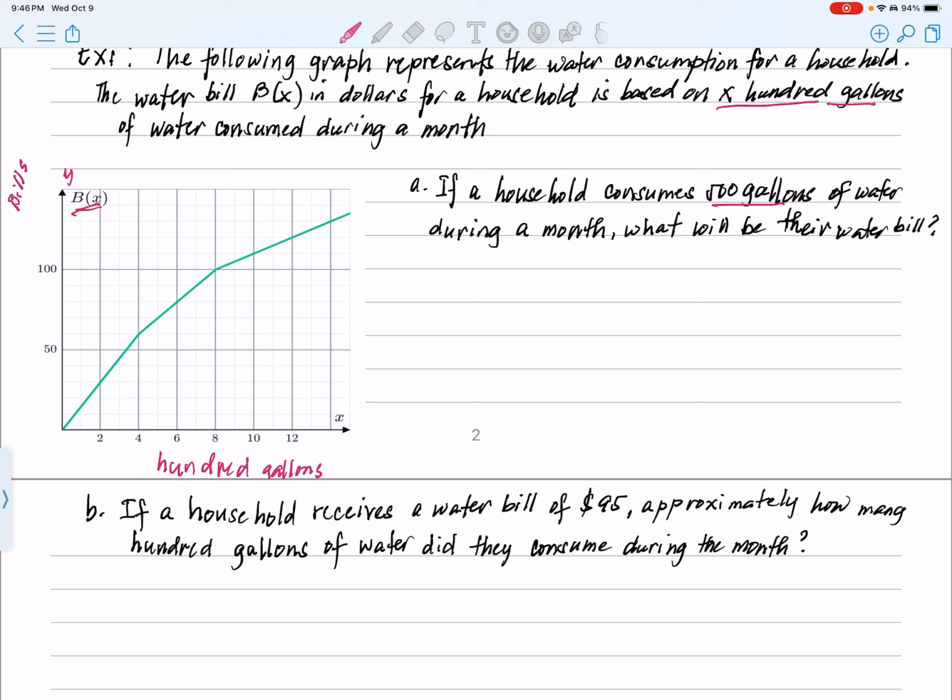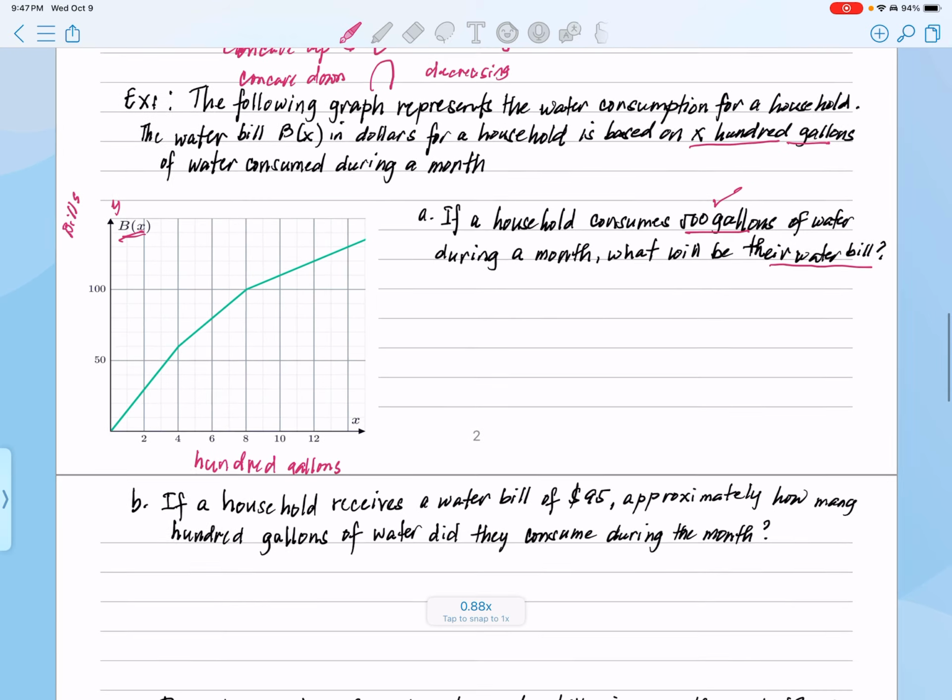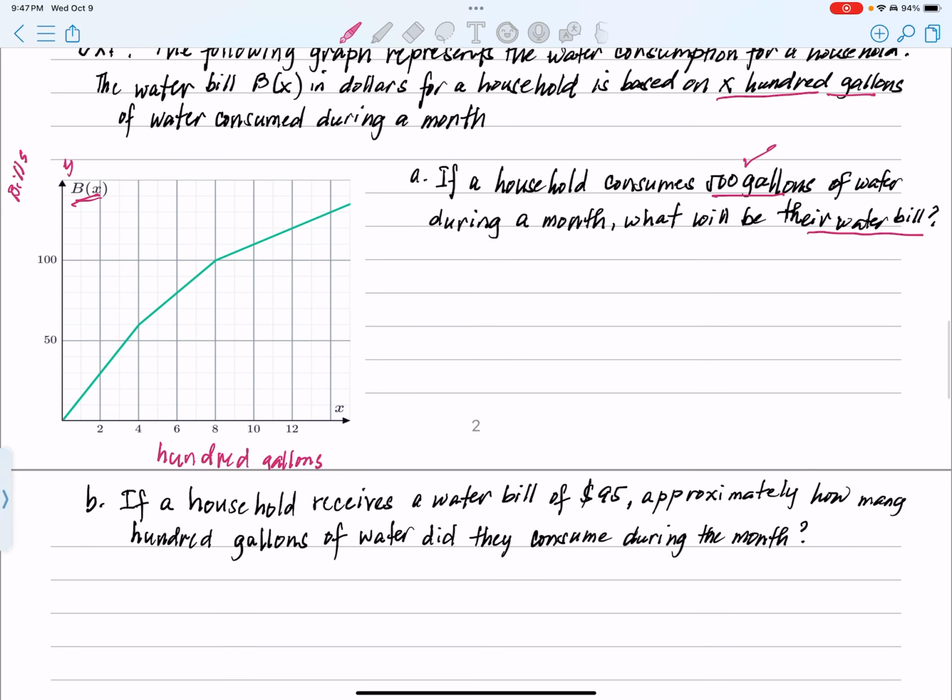All right. If the household consumes 500 gallons of water during a month, what will be the water bill? So let's locate where that 500 gallons is. 500 is somewhere between 4 and 5.